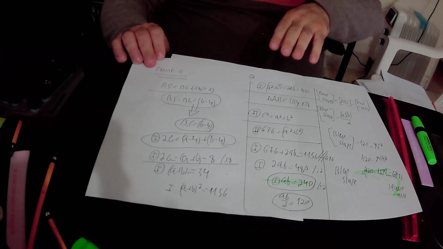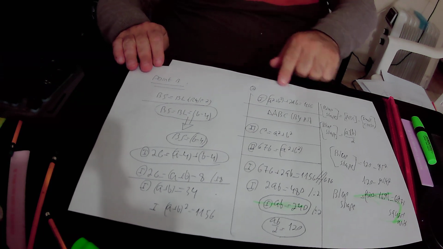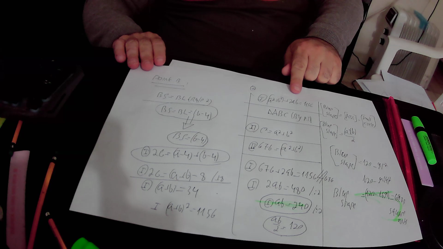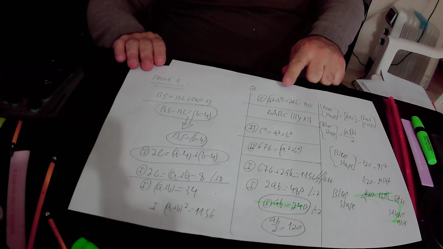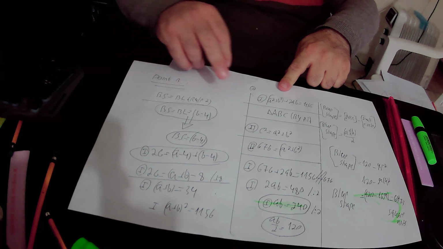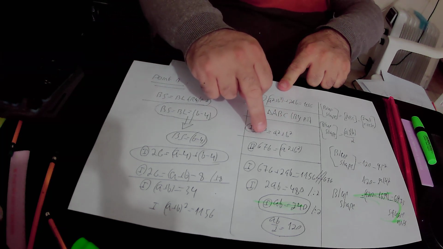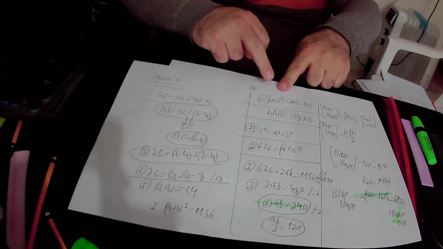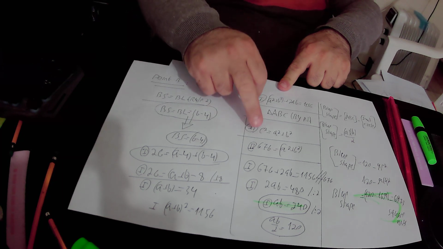But according to equation number 1, we know that A squared plus B squared plus 2AB equals 1156. But because according to equation number 2, A squared plus B squared is 676, we can substitute A squared plus B squared by 676.